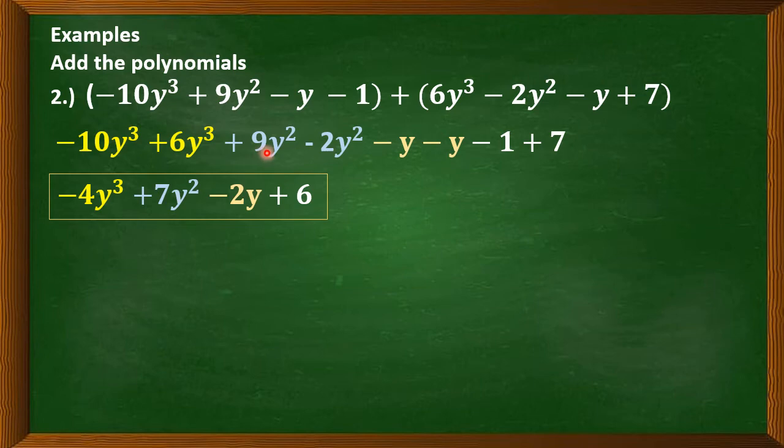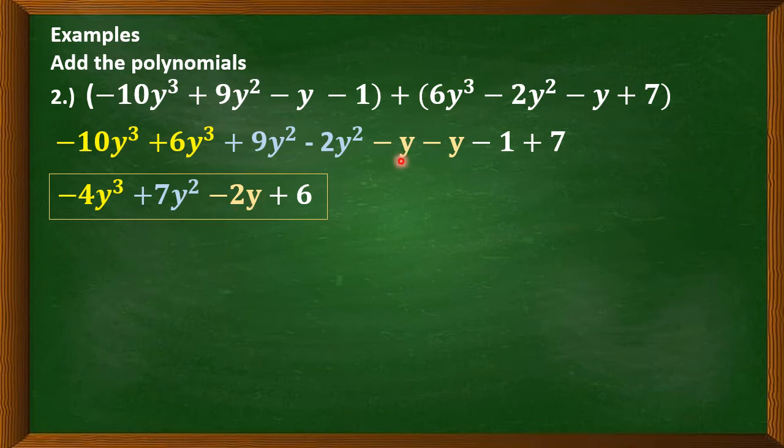Next, 9y squared minus 2y squared. So 9 minus 2 is 7. And copy the literal coefficient y squared. Here we have negative y minus y, so negative 1 plus negative 1, that is negative 2.